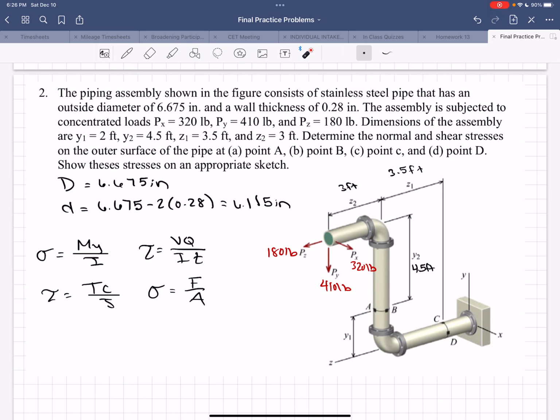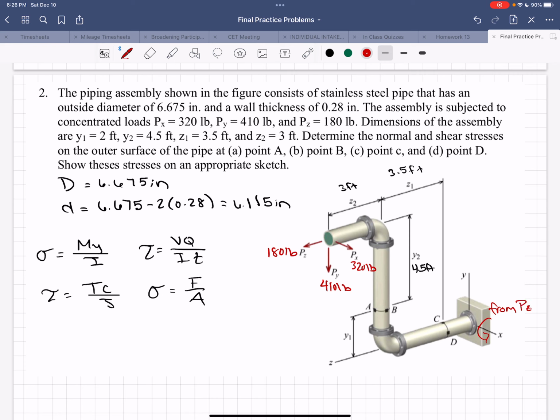And then we need to, of course, show these stresses on an appropriate sketch with axes shown. All right, so this problem's pretty fun. When we start by looking at A, we're going to have a bending stress from PZ. The PZ here is going to be a moment around X, so we'll have a positive moment around X from PZ.